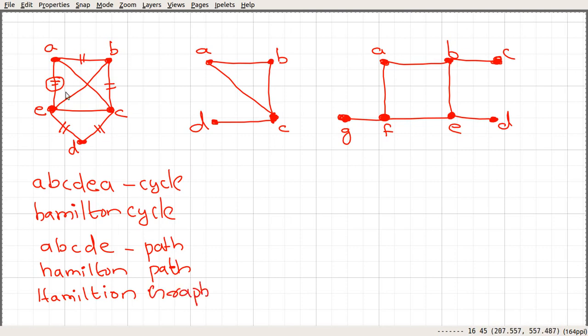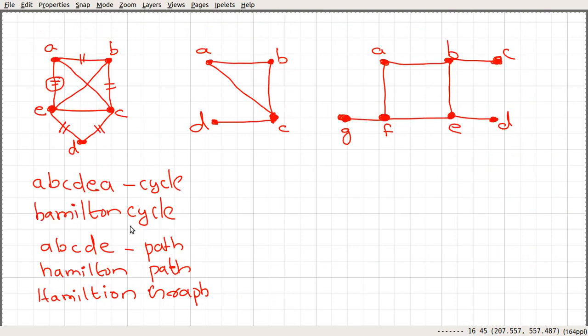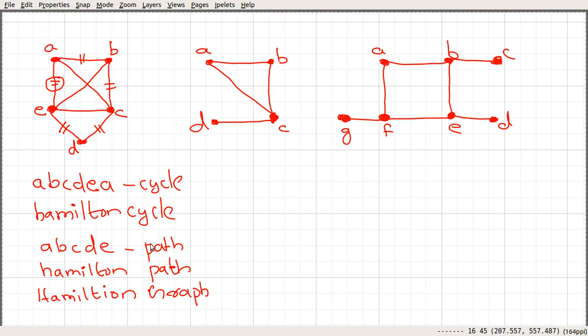So this graph is a Hamilton graph, or Hamiltonian. It's an example of a Hamiltonian graph.